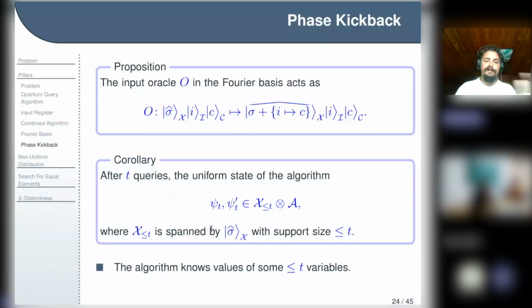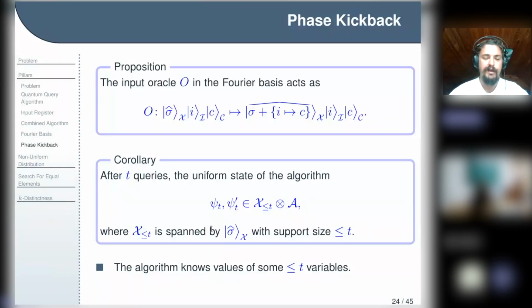We don't know where these T variables are located, but each branch knows at most T variables, which is quite natural because it has made only T queries. This is a way to formalize this intuition.